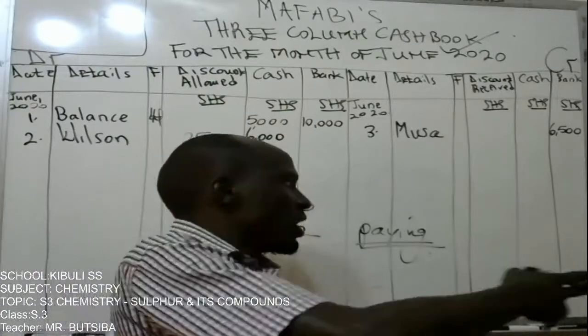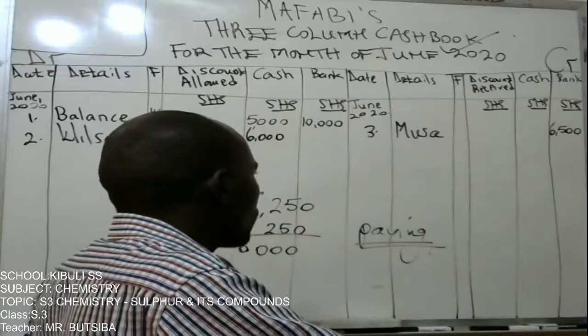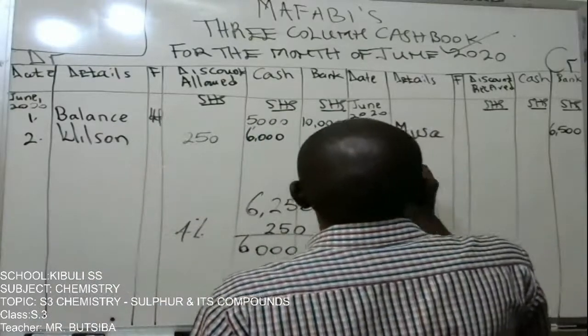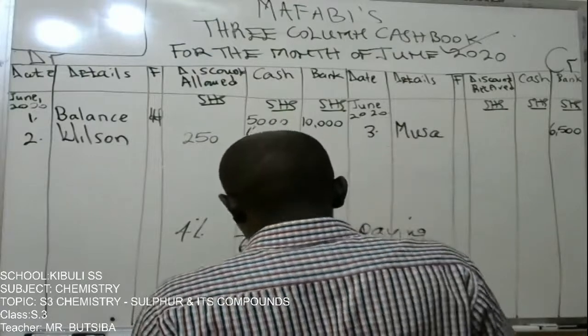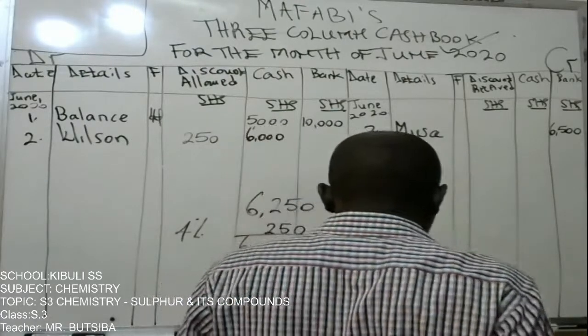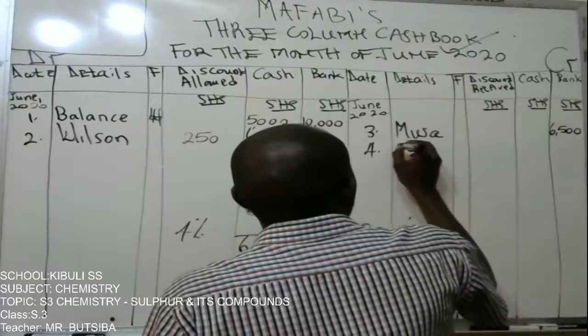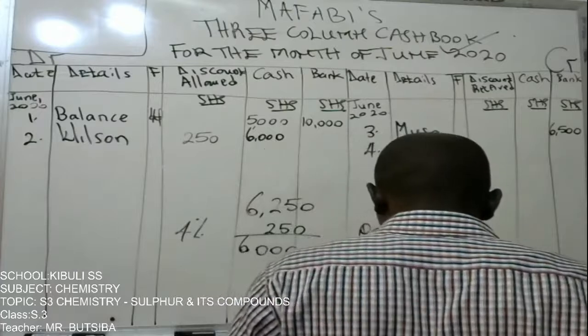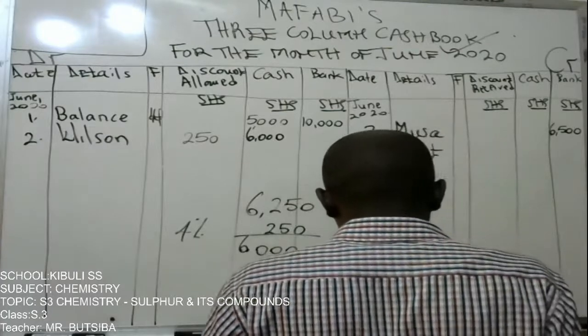You are still paying out money. So you go back to your credit side of the cash book and then you record on 4th. You paid out money, was in form of rent and cash, from how much?